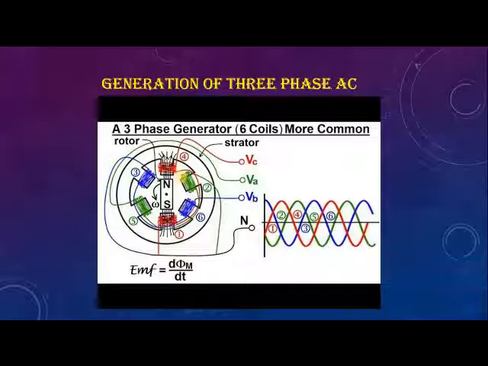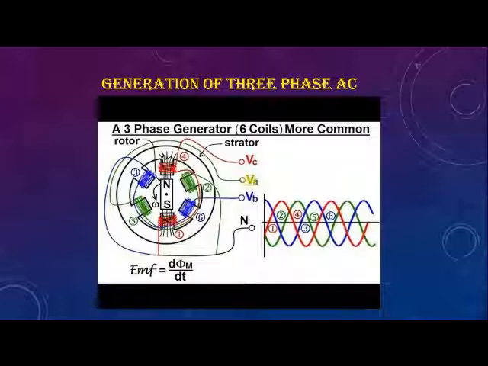So when the rotor is rotating in anti-clockwise direction, first the north pole of the rotor cuts the A phase winding. So A phase winding reaches maximum value first. Then 120 degree after that we have the B phase winding. So after 120 degree the north pole reaches B phase winding.